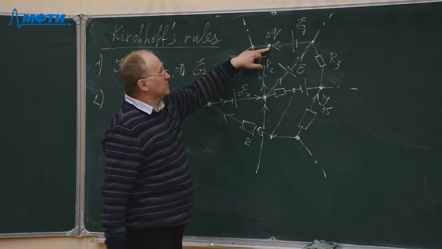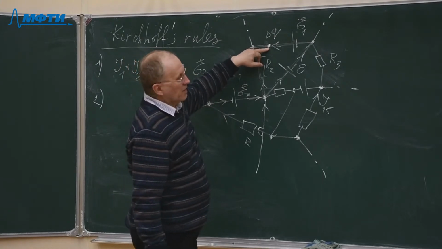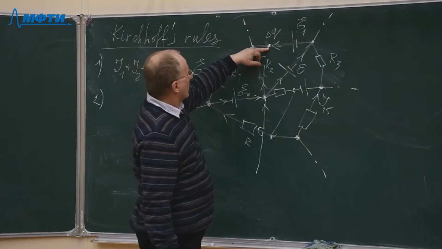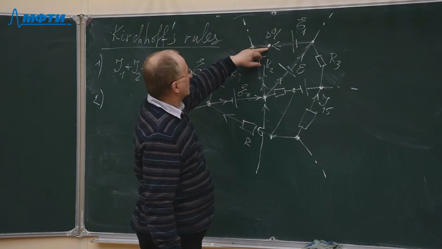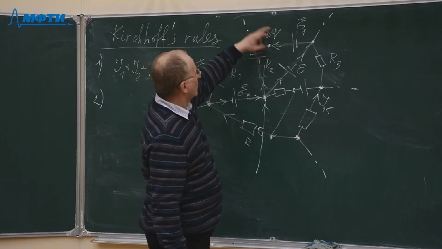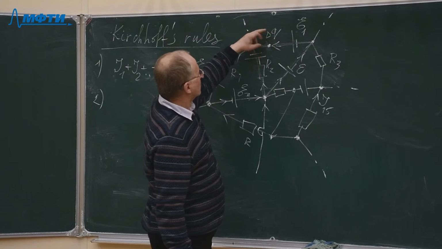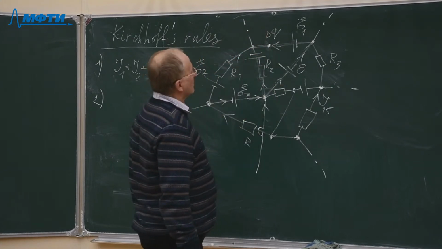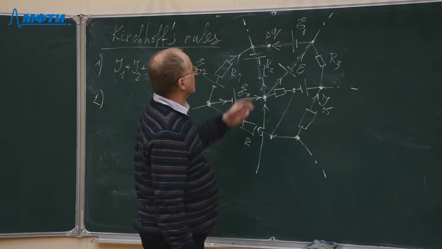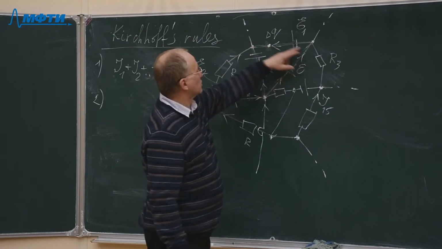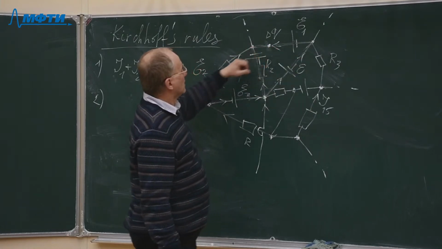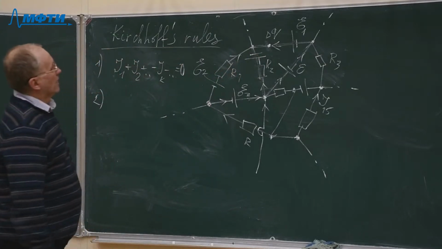So the fact that the potential difference is the same means that the work done in electrostatic fields, if we pull the charge along the closed circuit, is zero. It cannot be positive.